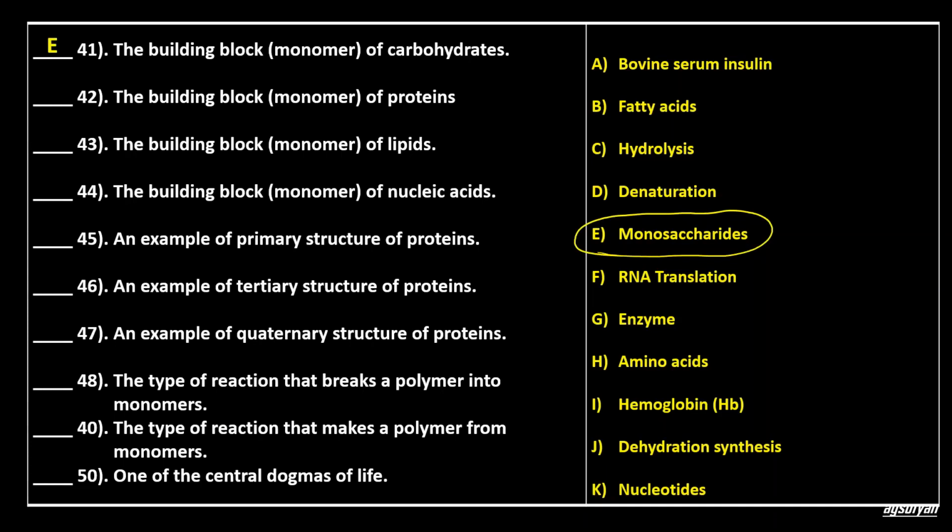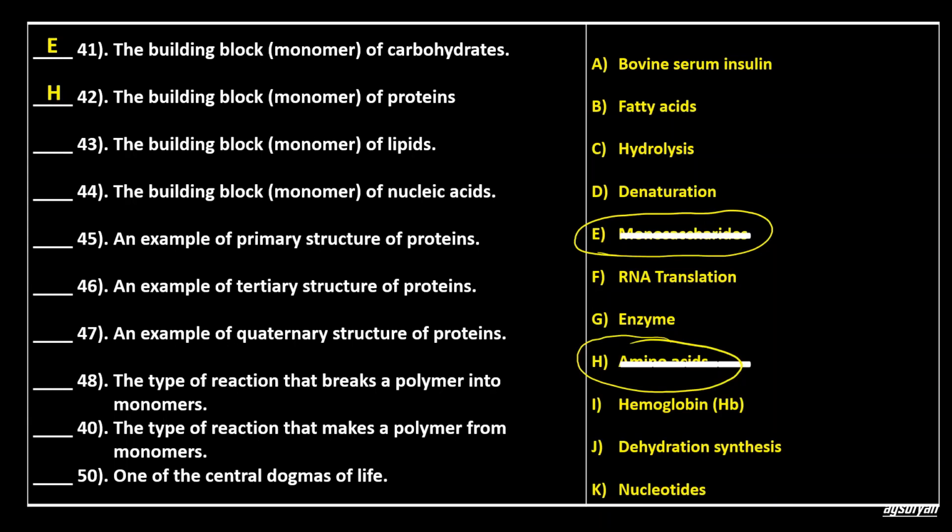The building block or monomer of proteins. Proteins consist of many amino acids. Okay, so the monomer of protein is called amino acid. The building block or monomer of lipids. Lipid consists of fatty acids.